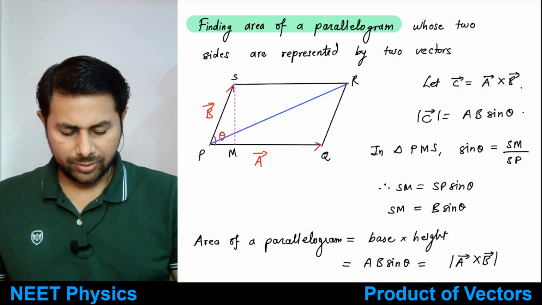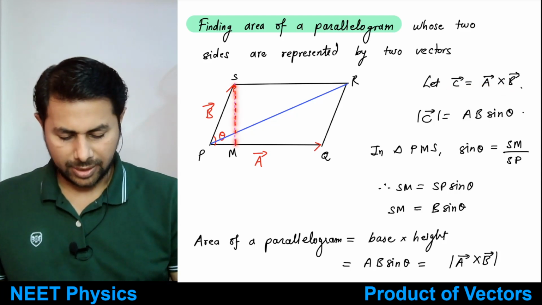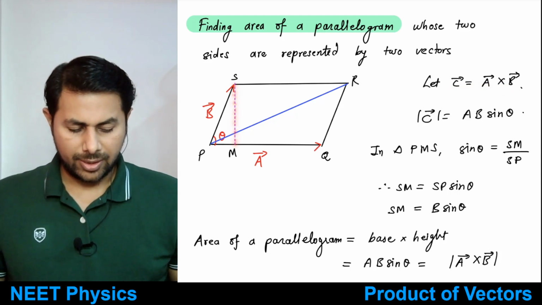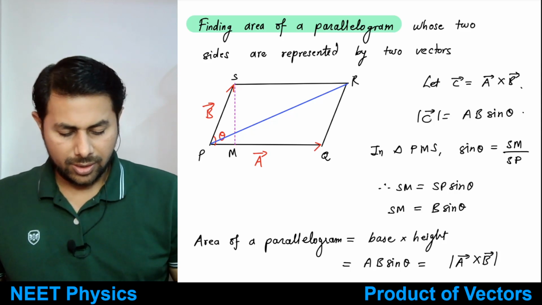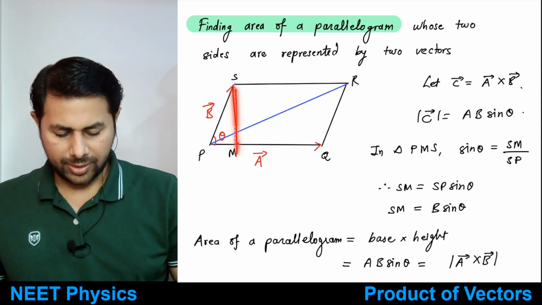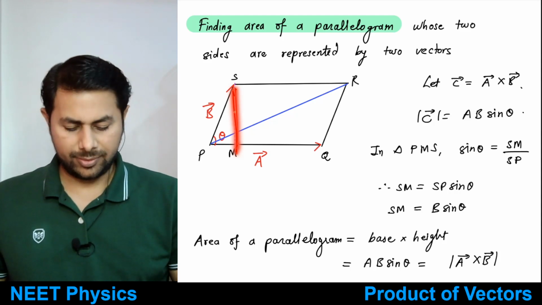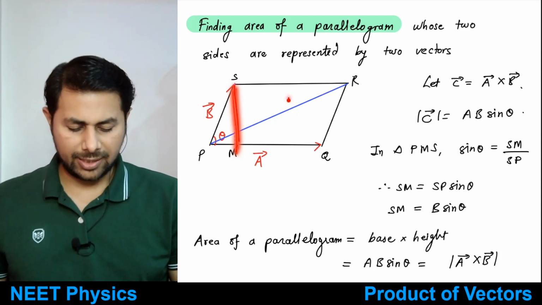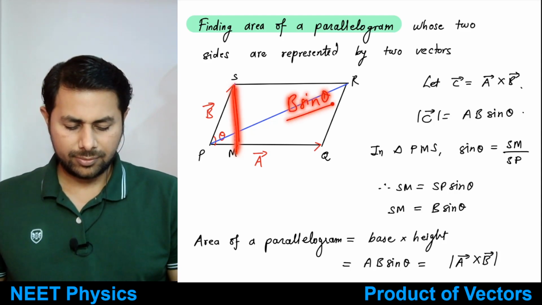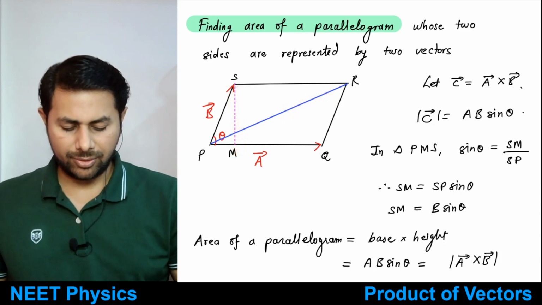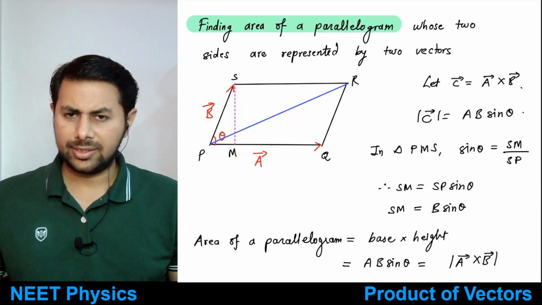Now I will draw a perpendicular from here. The magnitude of this one is B sin theta. This is clear.